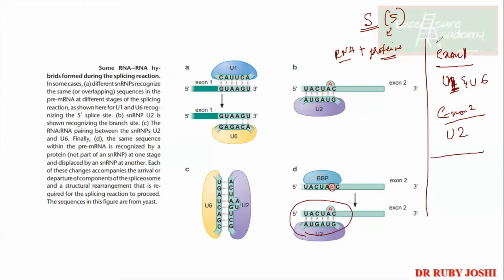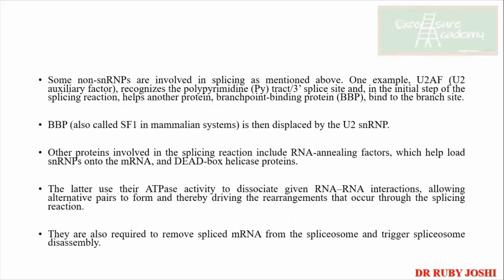Among all the 5 snRNP proteins, U2 and U6 can also base pair. ये कैसे? Just because of the similarity in the base pairing. ठीक है? Okay. Now with this understanding, let's proceed.